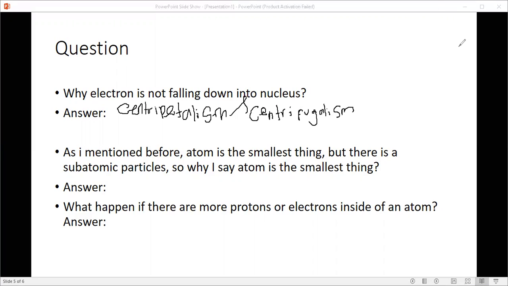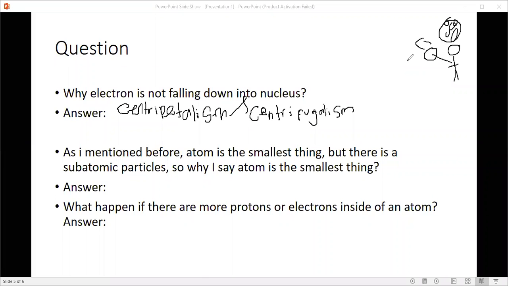Just imagine you are the nucleus that contains proton and neutron, and you're holding a ball, and then you're spinning around. When you stop and release the ball, it will just fly away. Why?